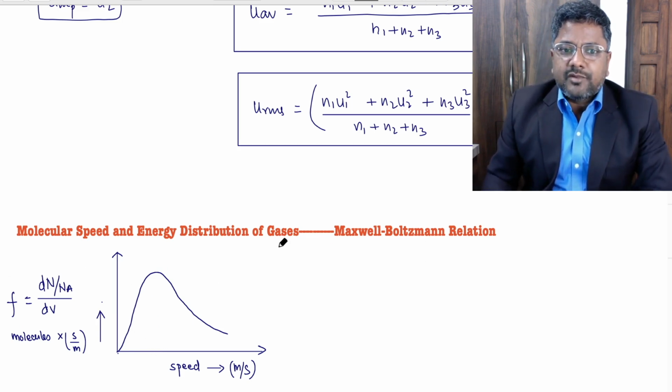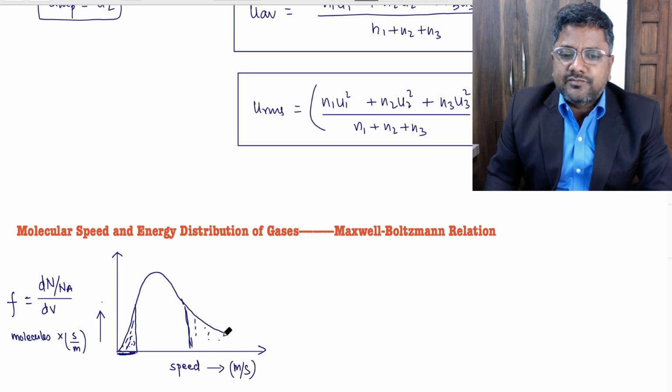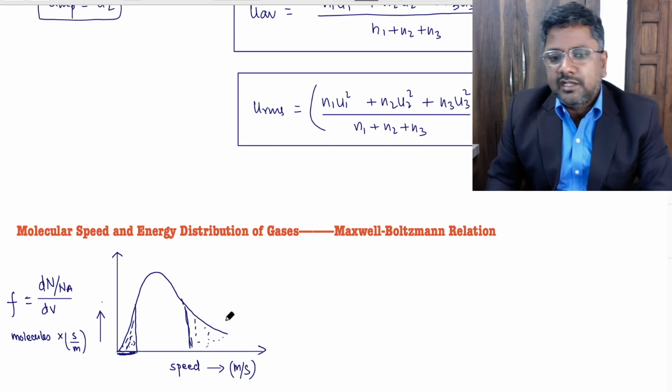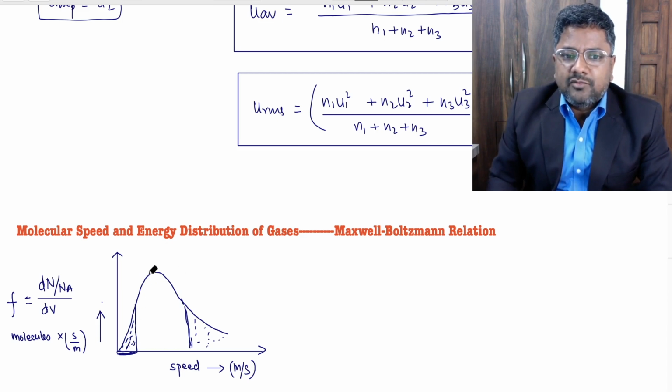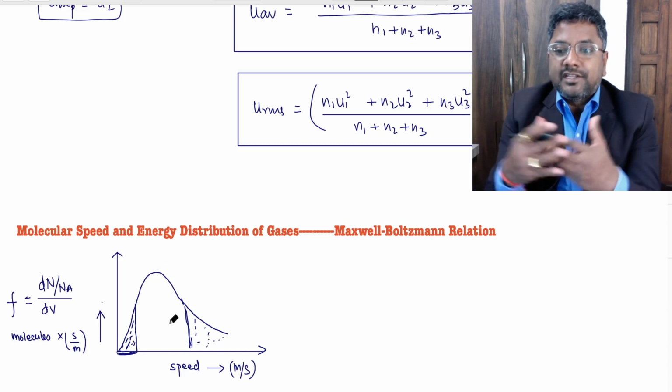So what is the interpretation of this graph? See, if you see this region, very few molecules have low speed. Some of the molecules have high speed, and the maximum number of molecules have the average speed.